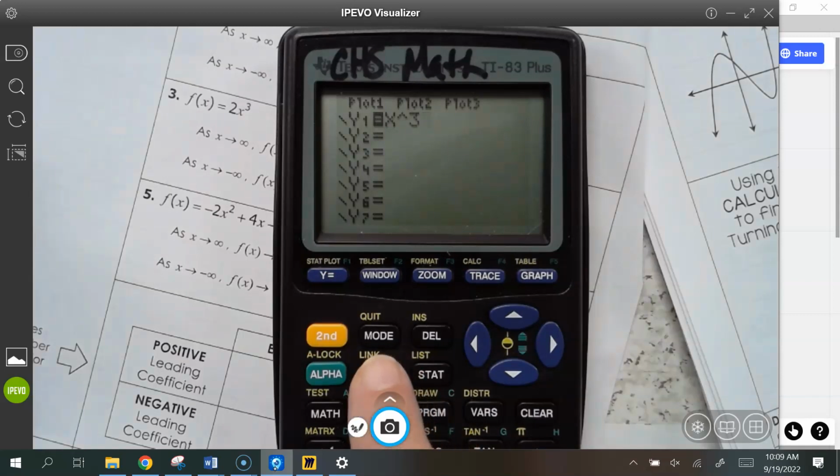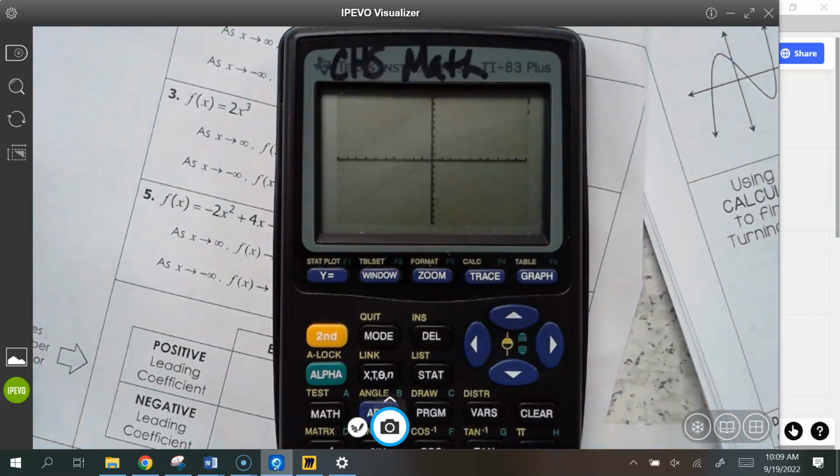So x to the third, everybody knows that this is the x button, right? That's the button that gives you the x variable. X to the third minus 6x squared plus 7x plus 2. Zoom 6 for a standard window, so I'm in a 10 by 10 window for x and for y.